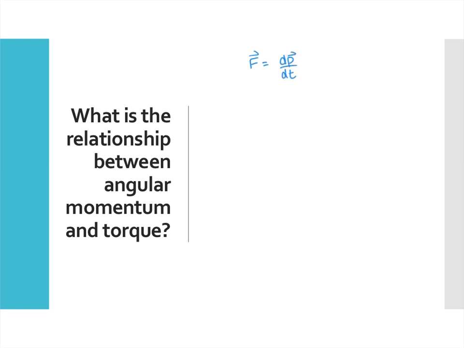So we're going to start off with the fact that force can be written as the derivative of momentum with respect to time. And what we're going to do is to try to change it into our rotational equivalent. We know we want torque on the left-hand side, so we're going to take R cross this entire expression.